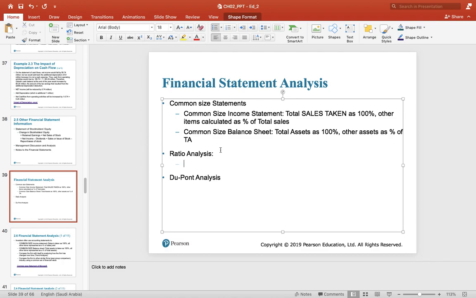They may be liquidity, one of the very important parameters, liquidity analysis. Similarly, profitability analysis, and solvency analysis.